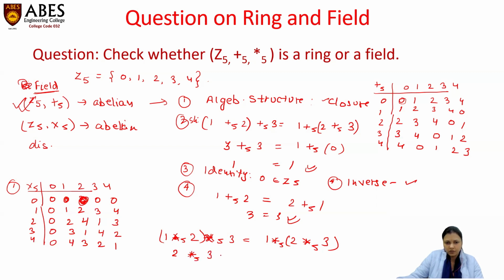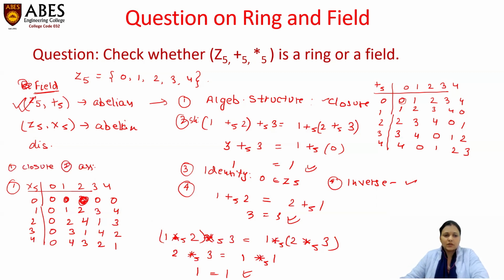Then 2 multiplication modulo 5 with 3: 2 into 3 is 6, we get 1 as remainder. On the other side, 1 into 1 is 1, so we get 1 as remainder. So the associative property is also satisfied. So the first property, closure, is satisfied, and the second, associative, is satisfied. So this is a semigroup.